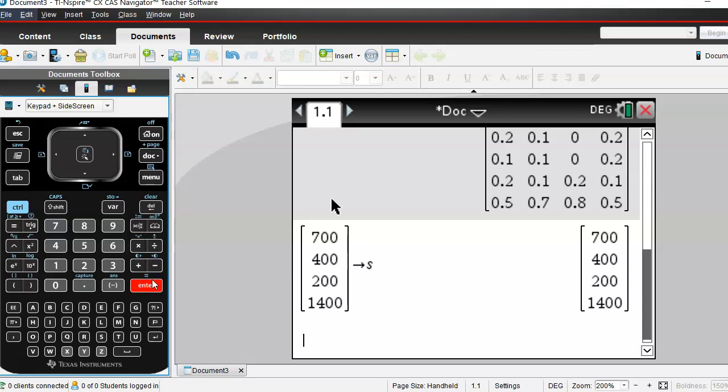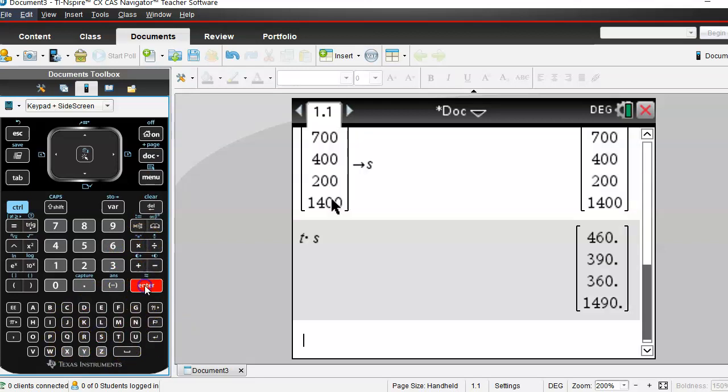Okay, so we're looking for steady state. So T times S, you can see that transition's happened there. That's the 2019.